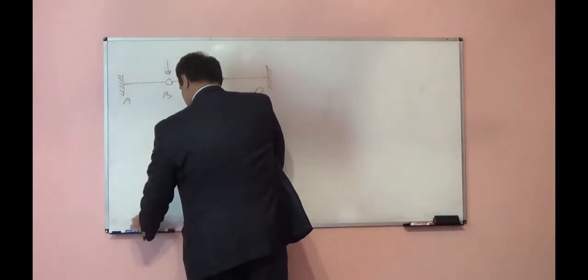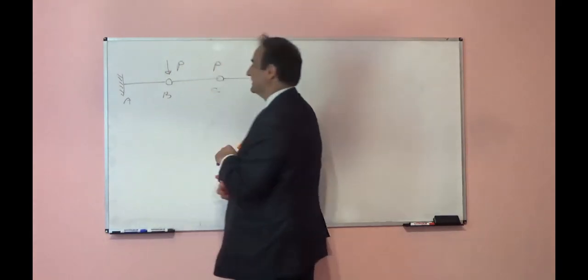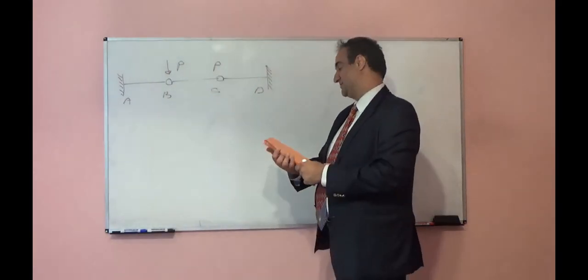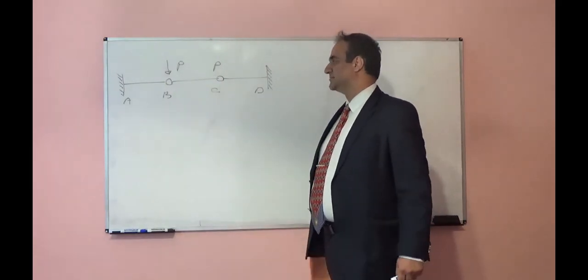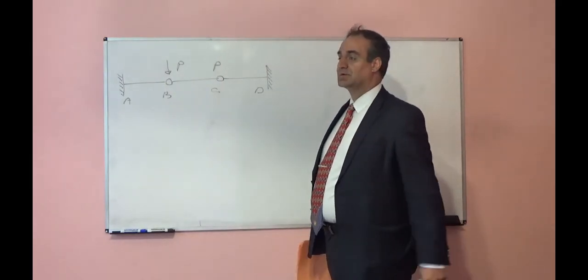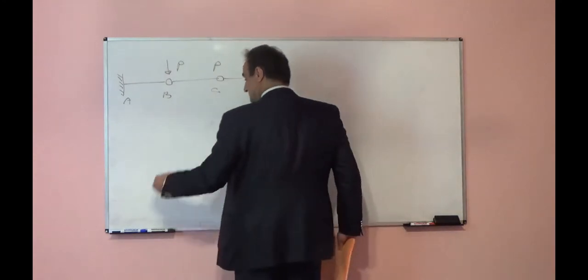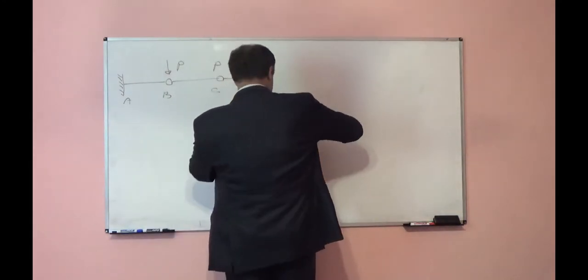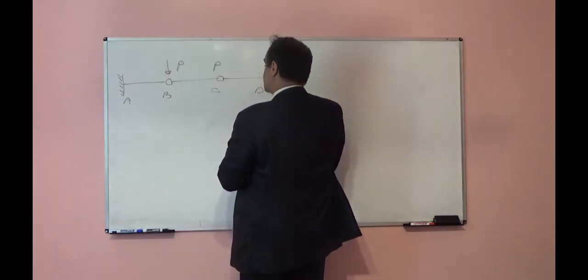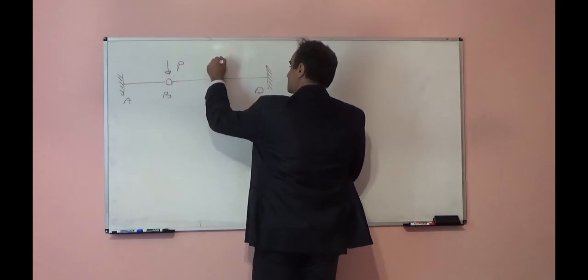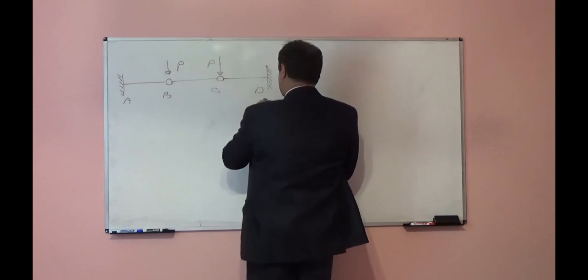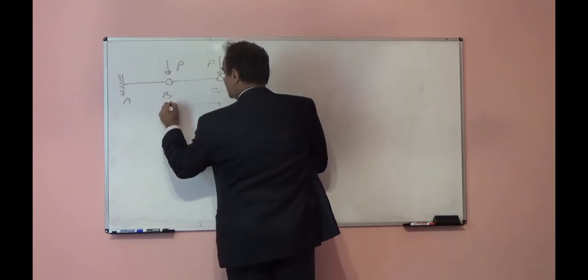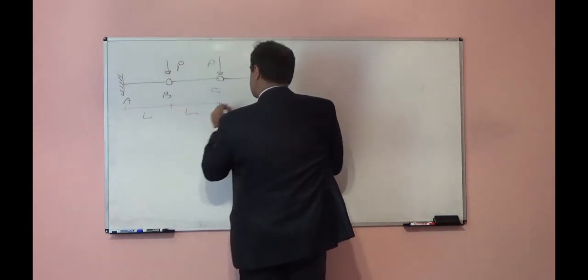Let's see what is happening here. If we look at the formation of this beam, if we know the concept, it is clear. This BC part is an unstable part. The BC part will not transfer any load from left to right or from right to left. So we have here another load P. Both are P and P, and the length for each part is L.